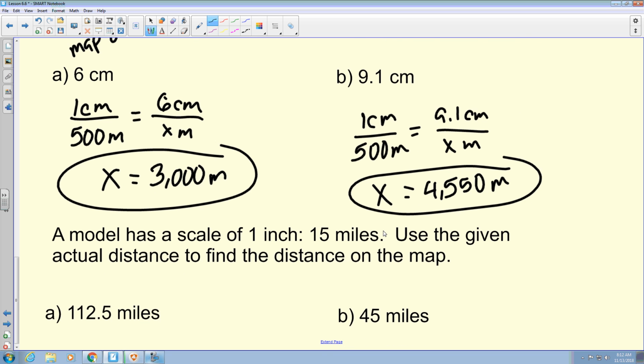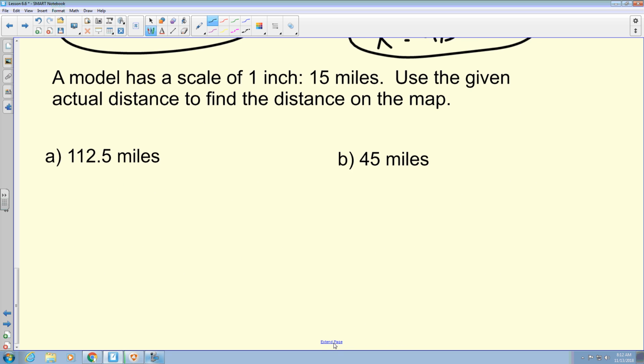Looking at the example below, they give us a different scale factor: 1 inch is to 15 miles. It says use the actual distance to find the distance on the map, so these are actual distances. I write in my scale factor, 1 inch over 15 miles.